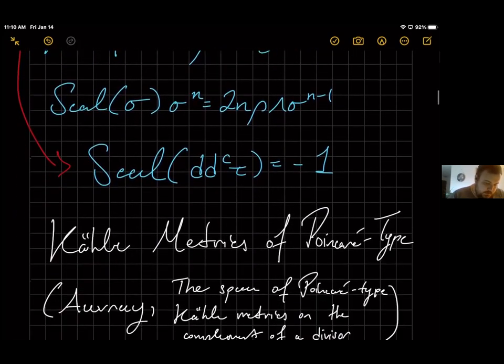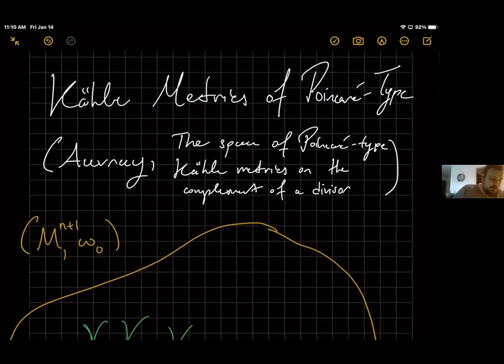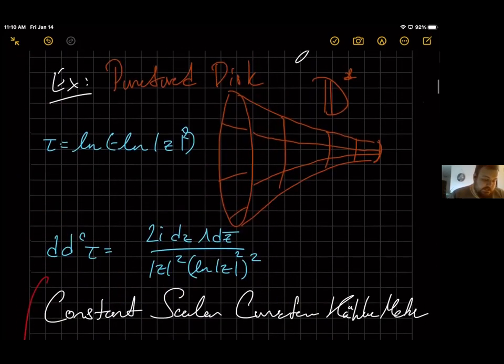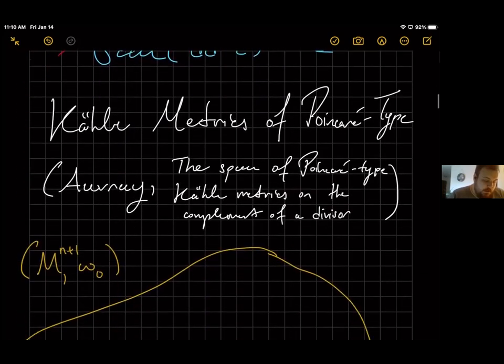Okay, so that's the basic element of Kähler geometry I will use. And to define a Kähler metric of Poincaré-type, essentially we're going to be looking at Kähler metrics which in one direction look like this punctured disk, and the other directions are just nice and smooth.